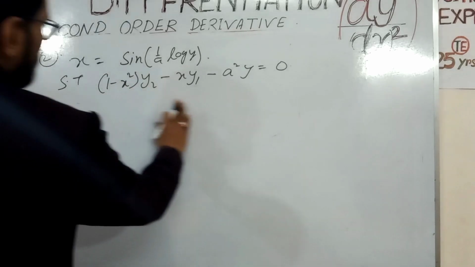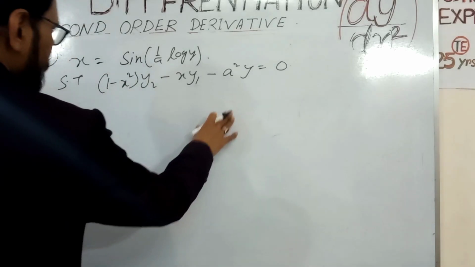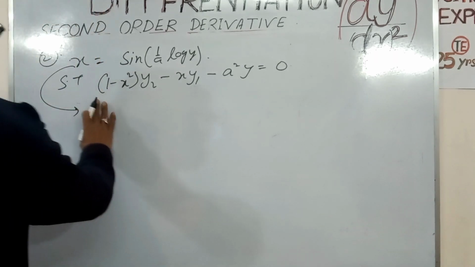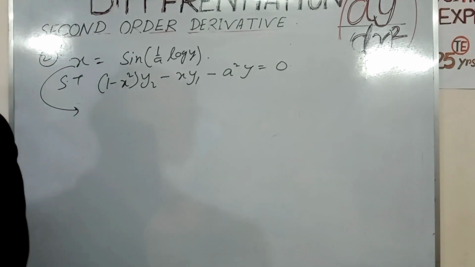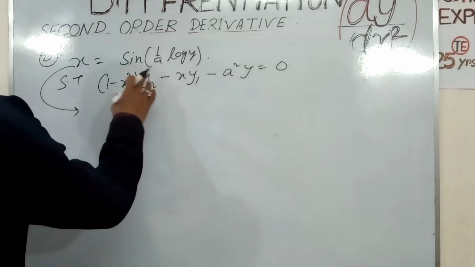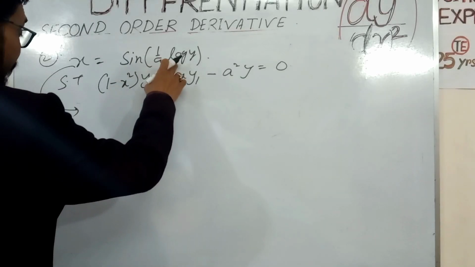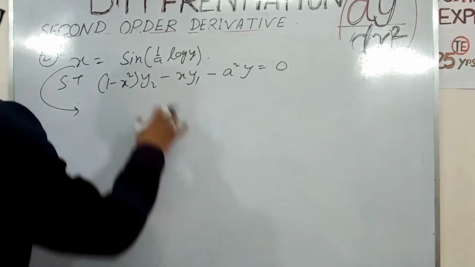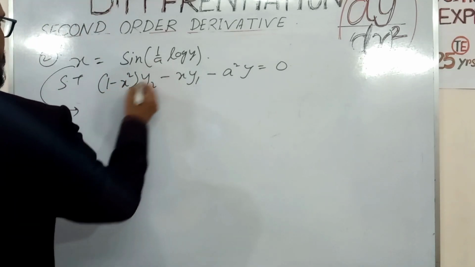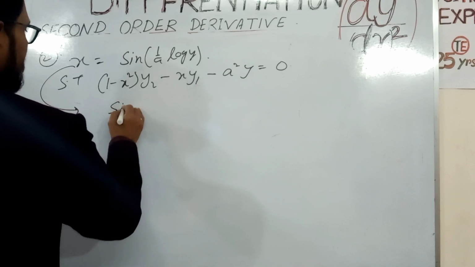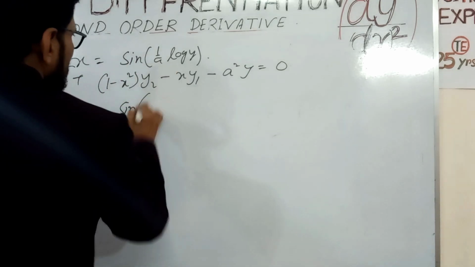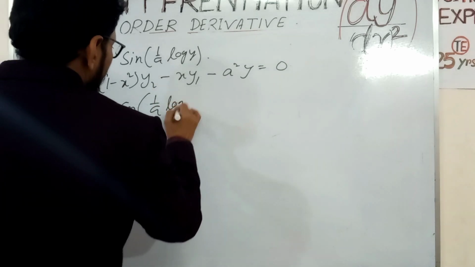Here this is in terms of x and y. First, if we express y in terms of x, then this will be very convenient and easier. So we have to express y in terms of x. For this, x equals sin of (1 by a) log y.